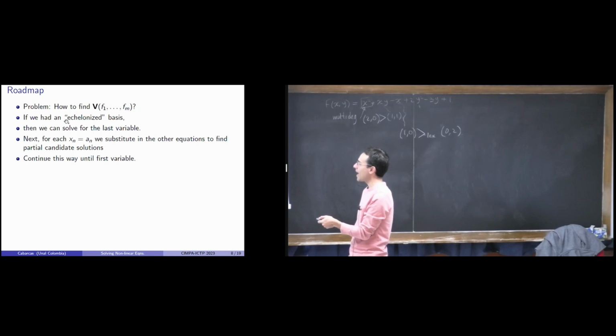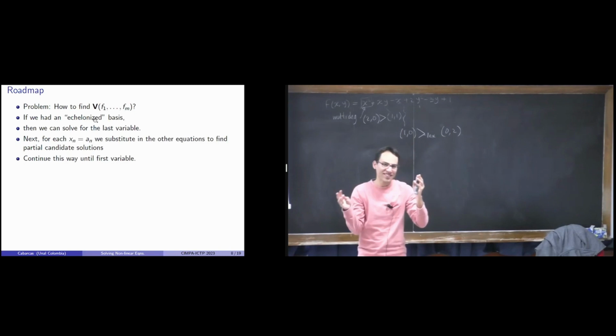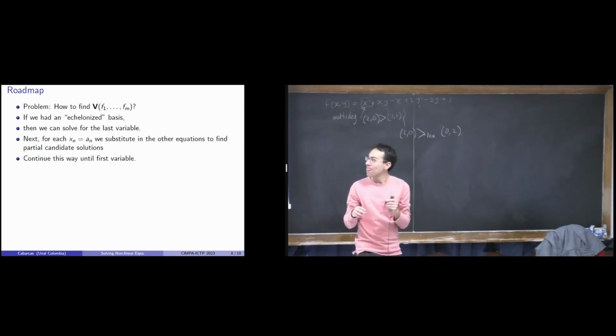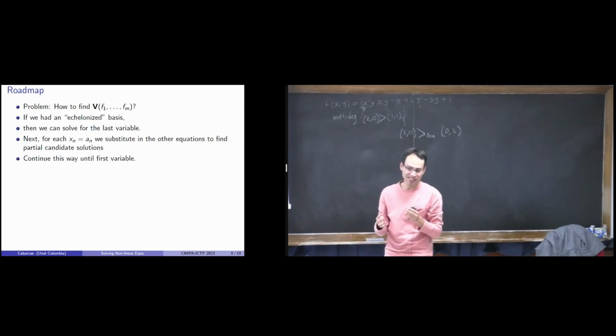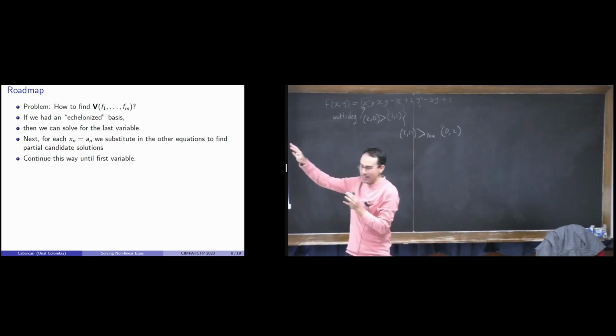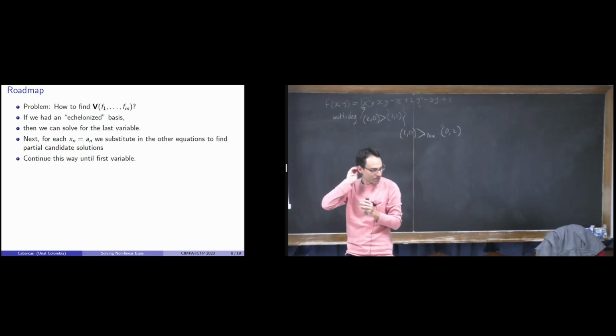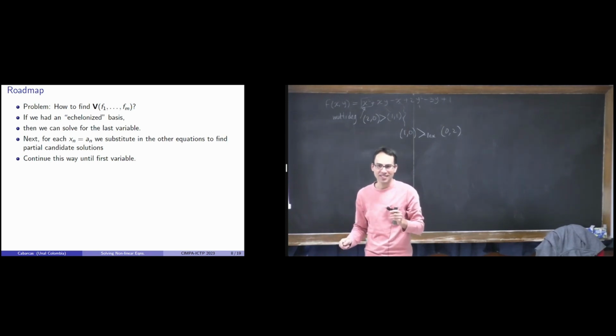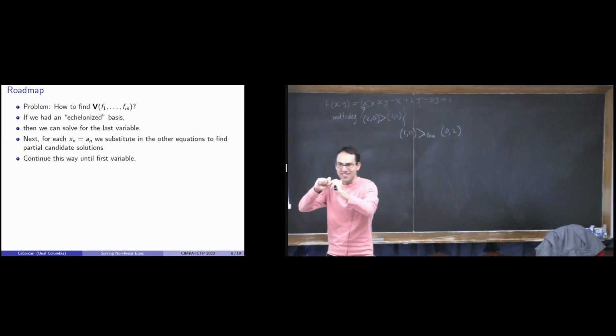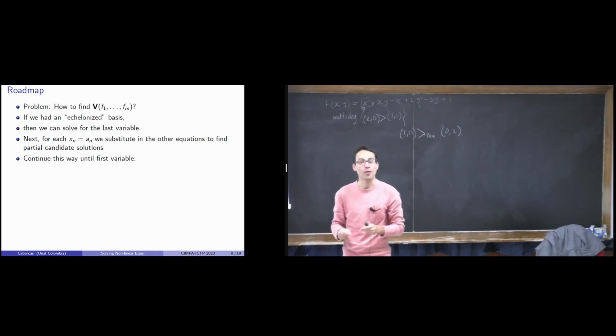If we had a sort of echelonized basis for the ideal, and I'll be explaining what I mean more carefully about echelonized, but a nice basis in a sense, where the last equation is only written in the last variable or something similar.